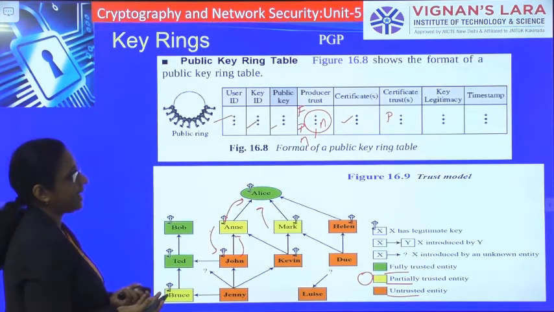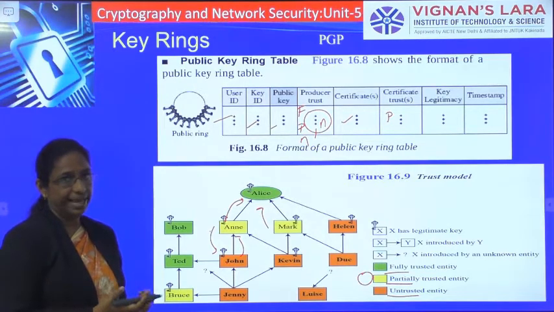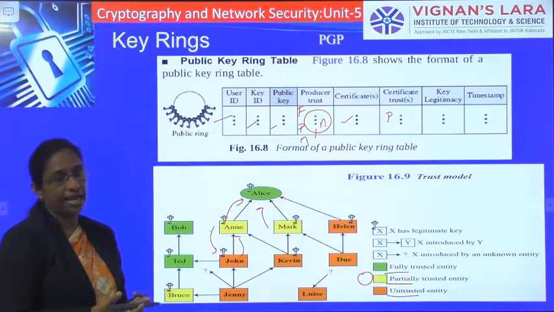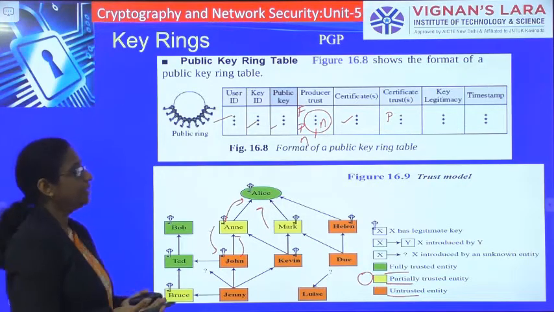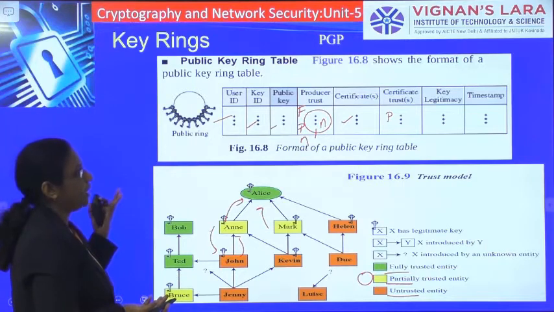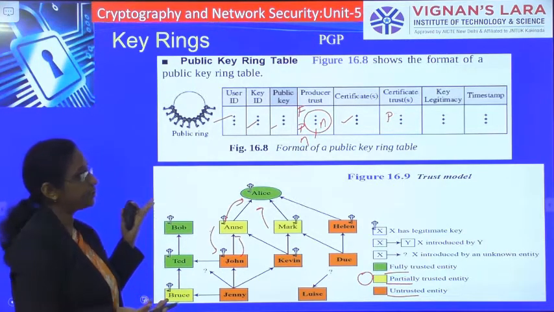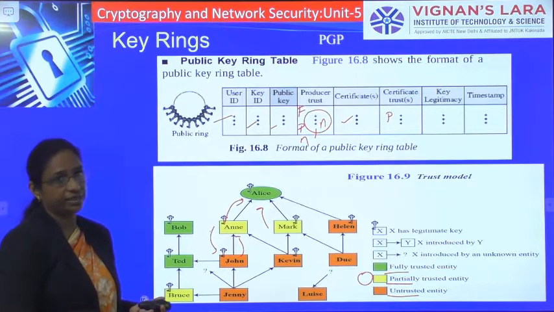And similarly the timestamp is the time and date when that public key was generated. So these are the different information that is maintained for each node, for each entity you can say.